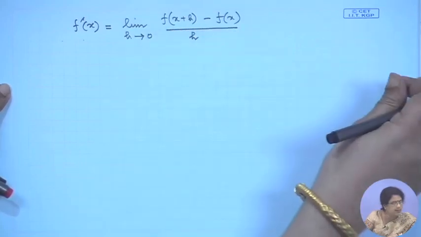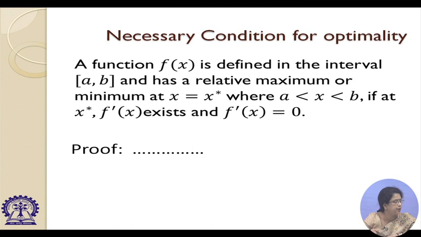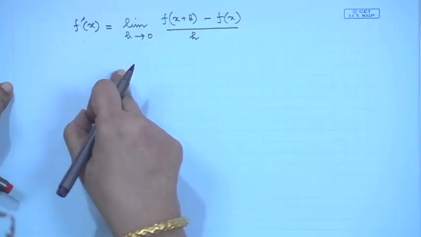There are a few things I have mentioned here, just to see that the first order derivative must exist. That means the limit value must exist. What is the meaning of it? Limit value exists only when the left hand limit, right hand limit and the value of the function at that point all are equal, then only the limit value exists and then only the first order derivative exists.